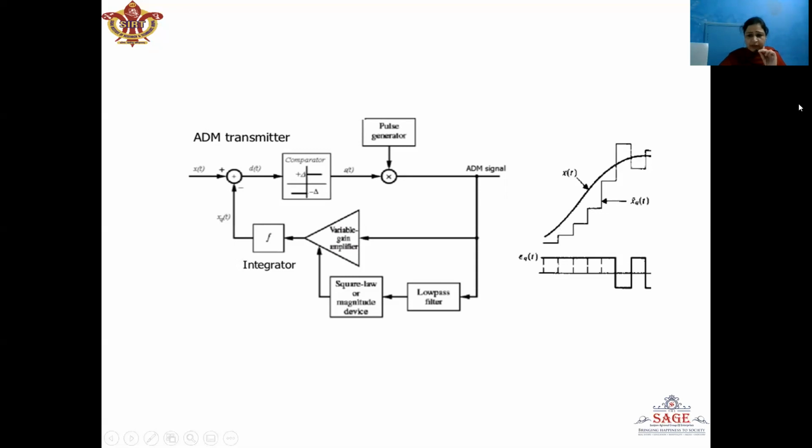So when the approximated signal has amplitude greater than the message signal, then the approximated signal is reduced by step delta, and so here we can see the ADM signal is represented by the low level. Now we will see the detailed block diagram in further slides also.